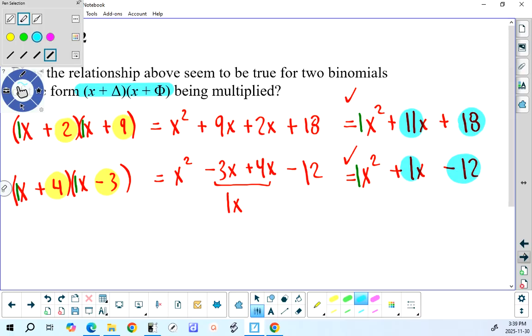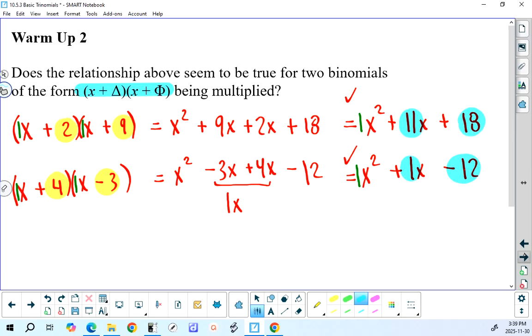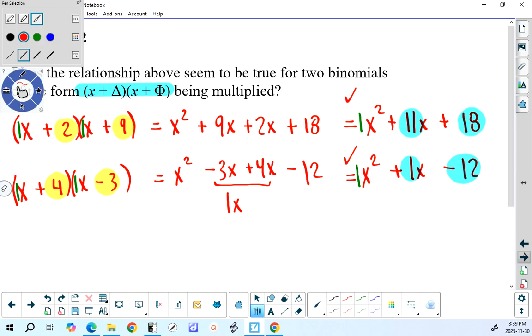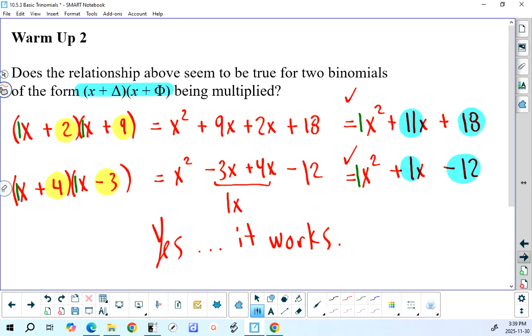If it's 5x plus something, it won't work. It has to be 1x plus a number times 1x plus a number. So, yes, does the relationship above seem to work? Yes, it works. And I don't want to get into a proof here, but I think many of you will see why it has to work.